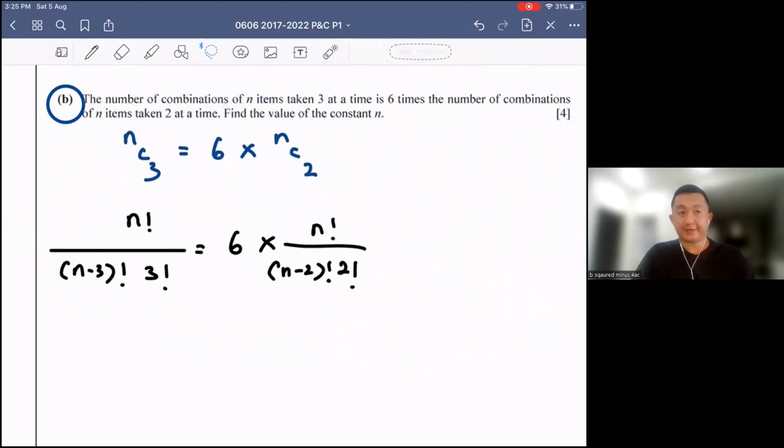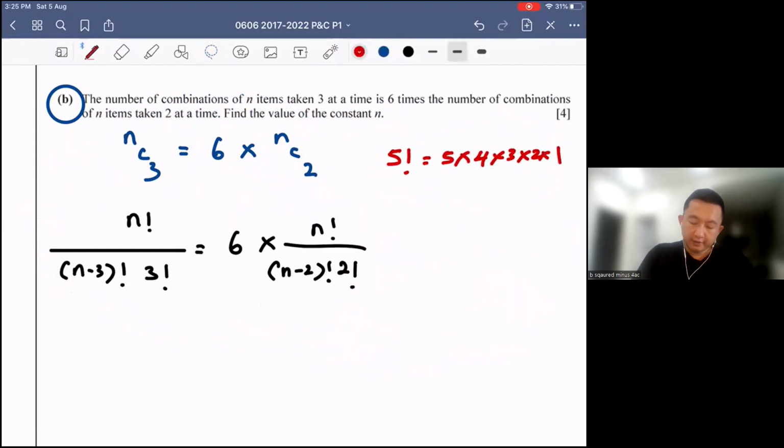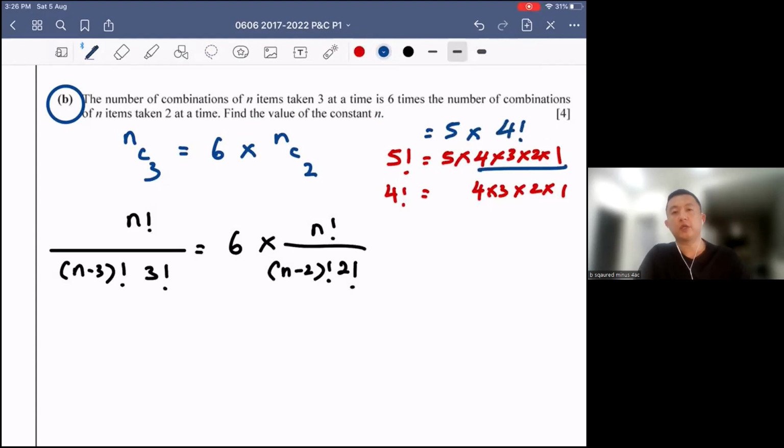Okay, I want to give you an idea first. That's an idea where I need to recap first. 5 factorial equals 5 times 4 times 3 times 2 times 1. Am I right? Then 4 factorial is the same as 4 times 3 times 2 times 1. Think about it. Wouldn't this part be the same? So basically, I can change 5 factorial to 5 times 4 factorial.